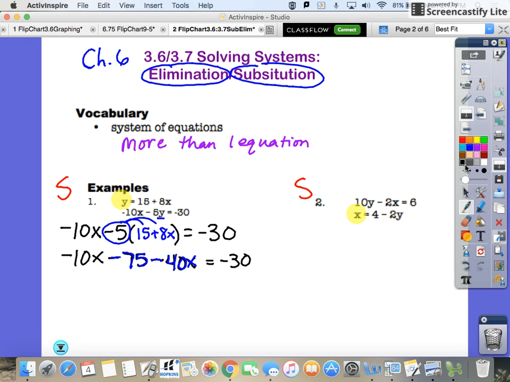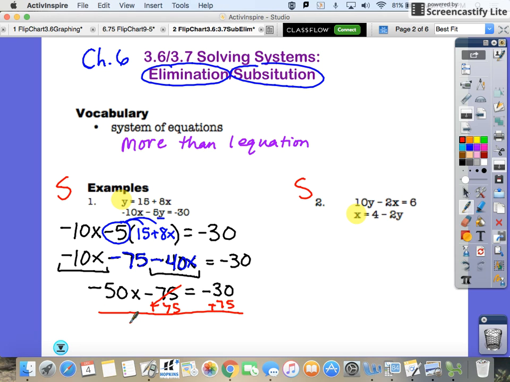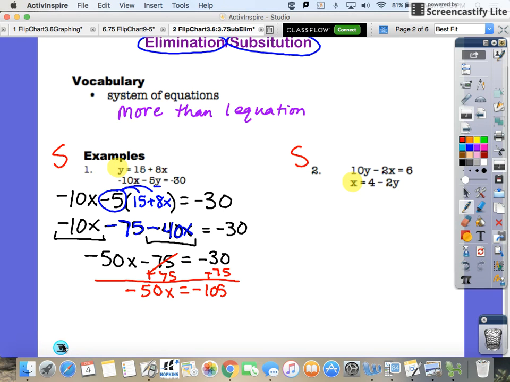Then we can combine like terms. So we've got some x's here and some x's here. That ends up being negative 50x minus 75 equals negative 30. Add 75 to both sides. Negative 50x equals negative 105. And then we need to divide by 50.